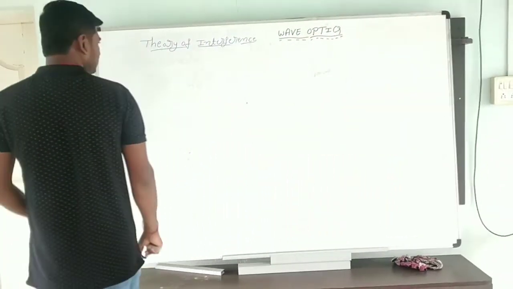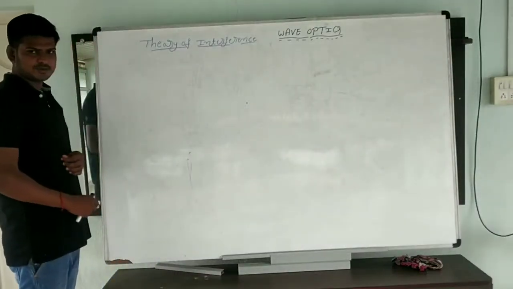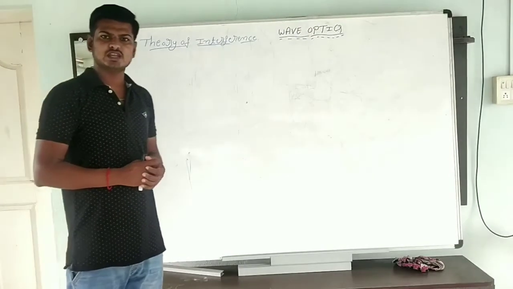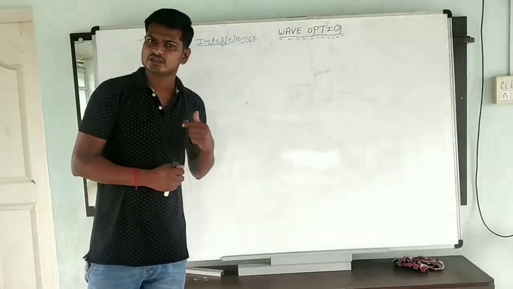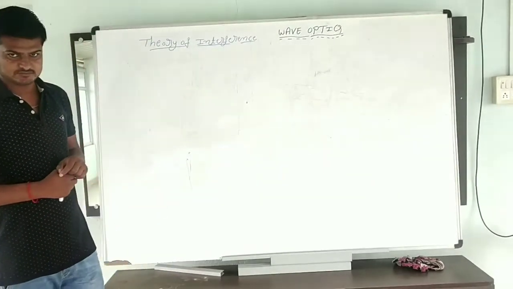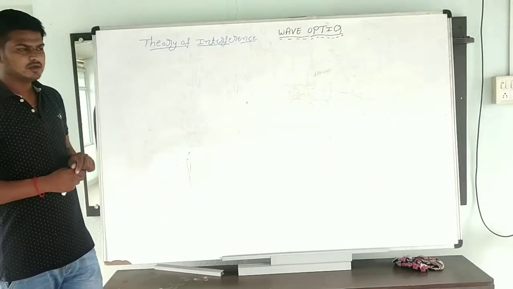Now, to give the theory of interference, I am going to take two light waves of the same frequency traveling in a medium in the same direction.